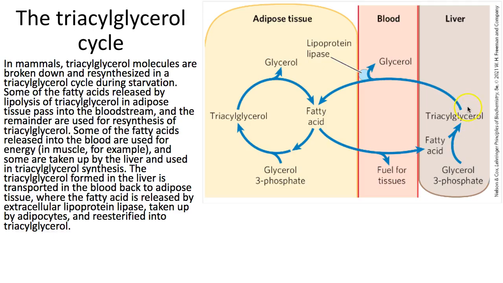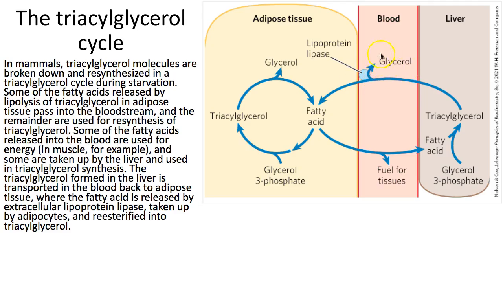And then if it's trying to leave the liver and go into the fat tissues, so this is what is highlighted in yellow, it's the fat tissues. It also has to be broken down into fatty acid.